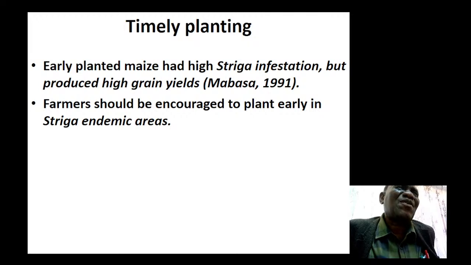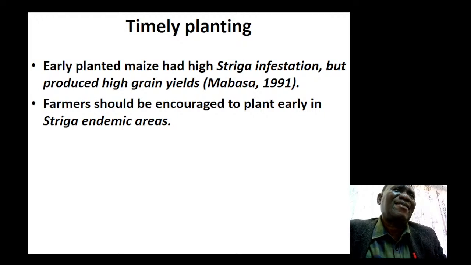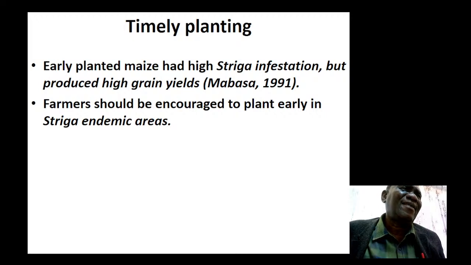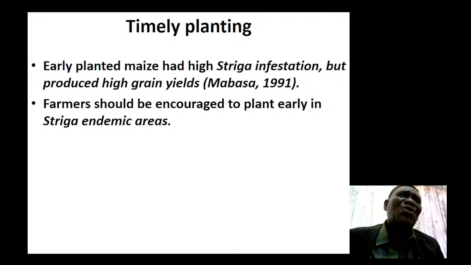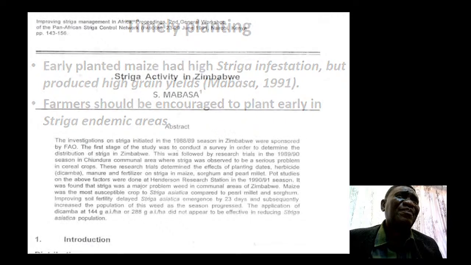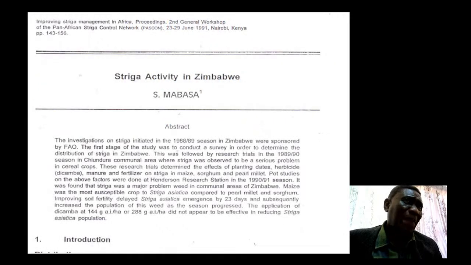So we still recommend that farmers should plant early in the Striga endemic areas so that their maize may tolerate the Striga infection. But of course, they may need to come in with supportive hand weeding or pulling to remove the Striga plants. If you are interested, I may supply you with this paper.